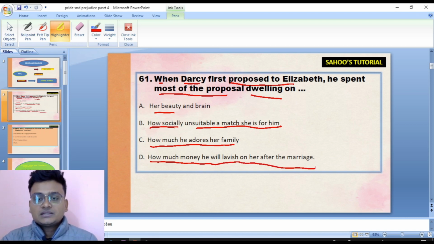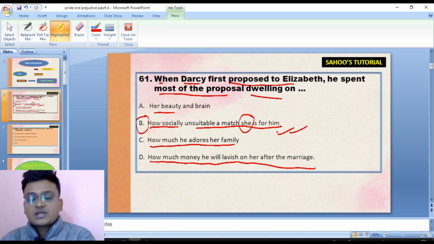Now, the answer for this question is how socially unsuitable a match she is. She means here Elizabeth for him. So option B is the right answer for the question.